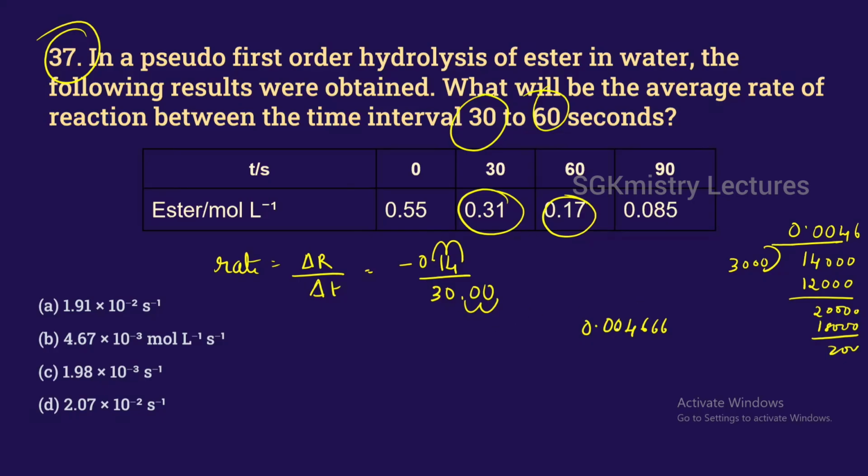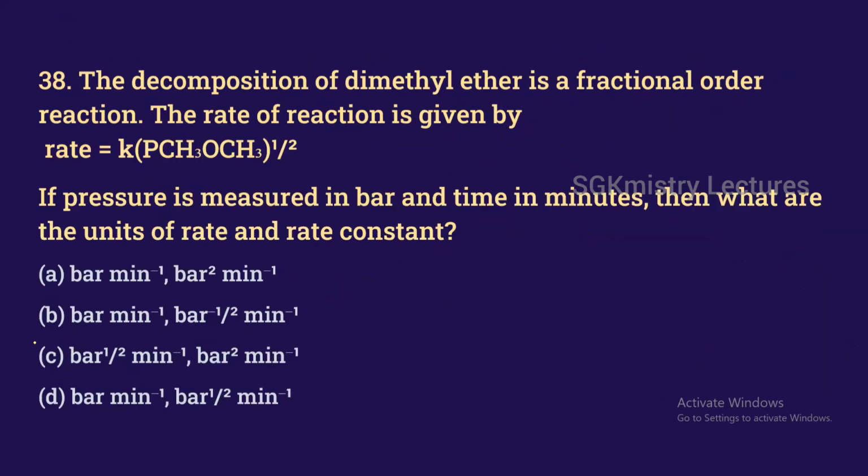If I shift the point this side, 1, 2, 3, I have 4.6. Since it is 666, I can round it off to 4.67. 3 times I've shifted the point, so minus 3. So we have 4.67 into 10 to the power of minus 3 mole per liter per second.